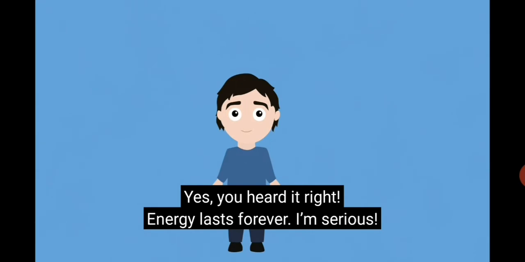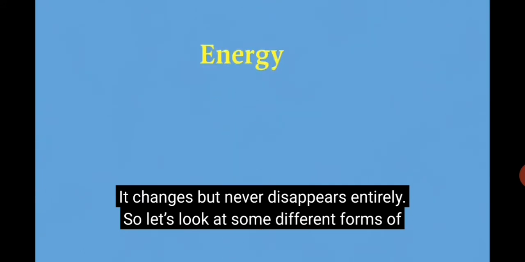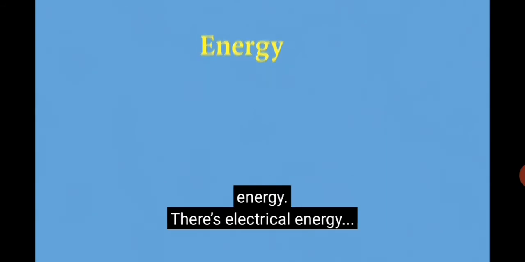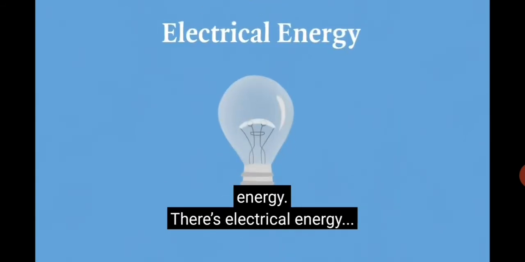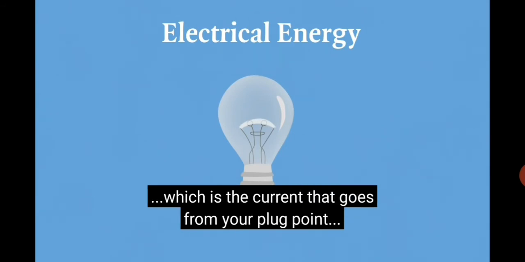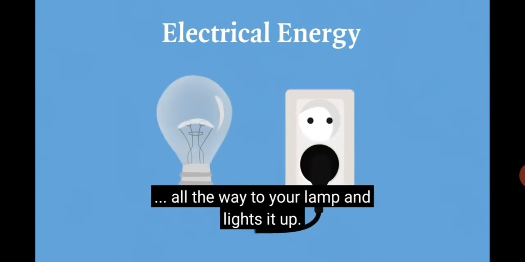Yes, you heard it right. Energy lasts forever. I'm serious. It changes, but it never disappears entirely. So let's look at some different forms of energy. There's electrical energy, which is the current that goes from your plug point all the way to your lamp and lights it up.